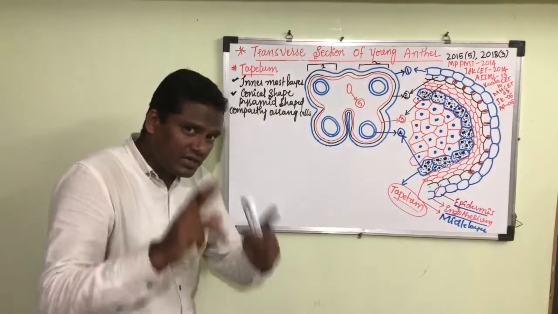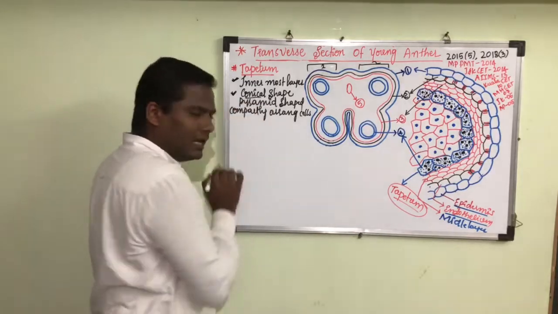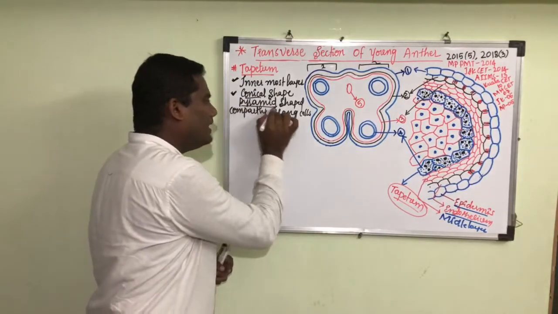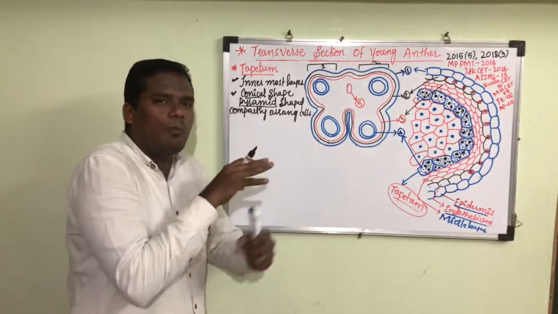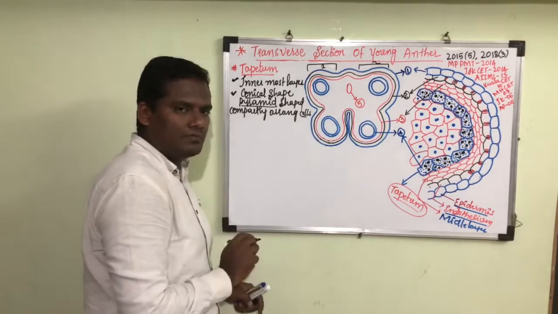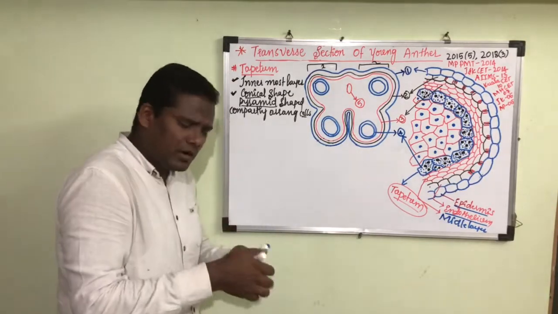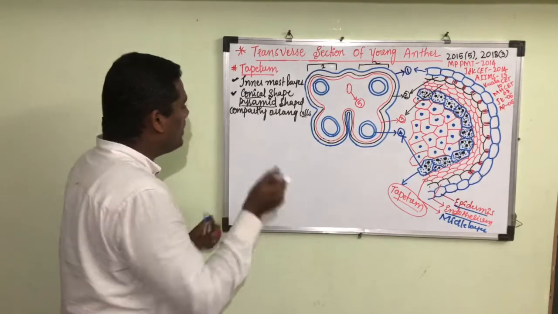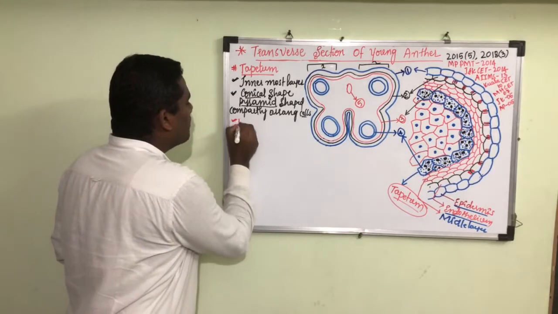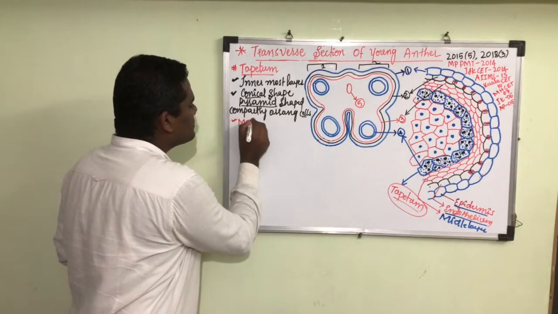The cells of the tapetum are conical or pyramid in shape, and they are also compactly arranged cells. These cells, as I told earlier, are very special because they are all multinucleated cells.